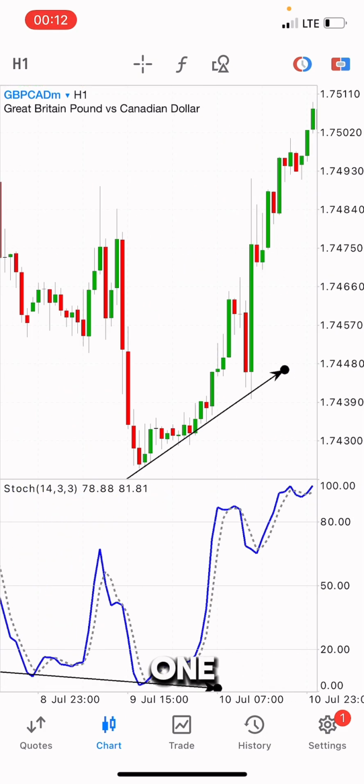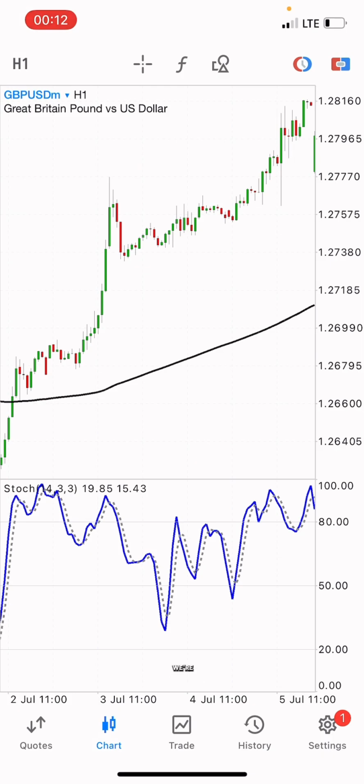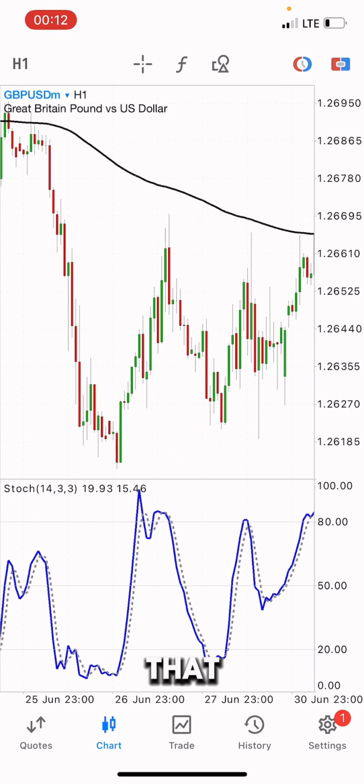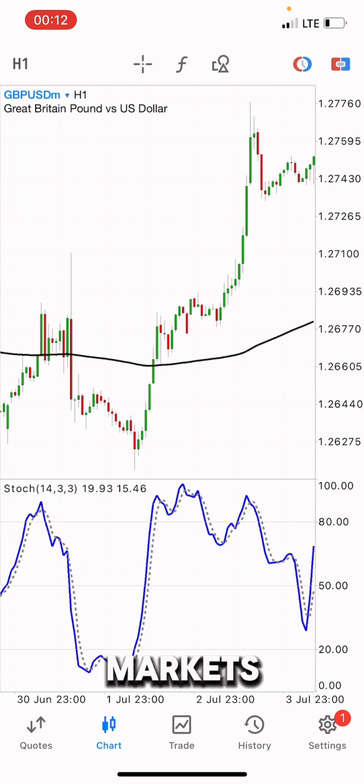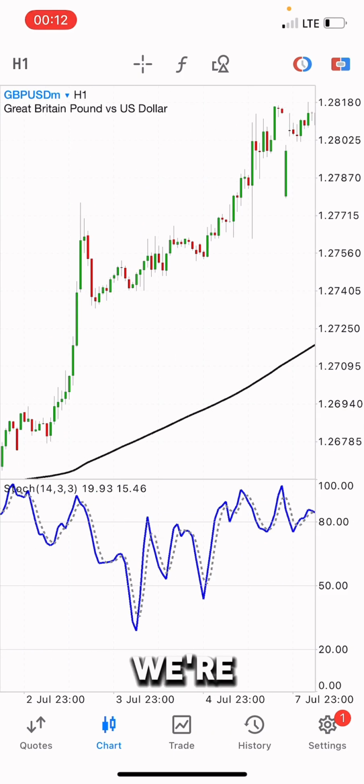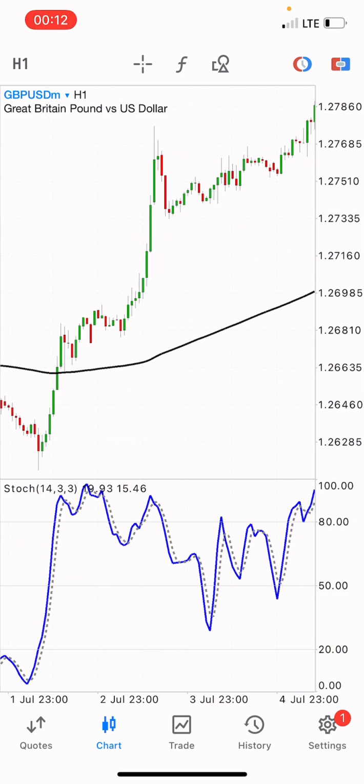I can show you guys one more example and then we are done for this video. The GBP/USD, we're looking for a place that the market crossed the moving average to the upside or the downside, and you can see that from this downtrend, the market crossed the moving average upwards, and we're looking for a divergence, and we saw a divergence here.